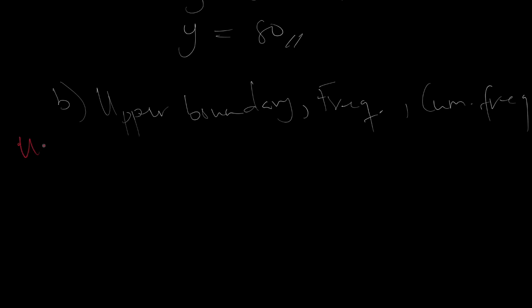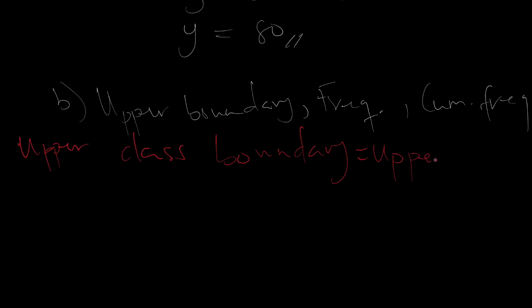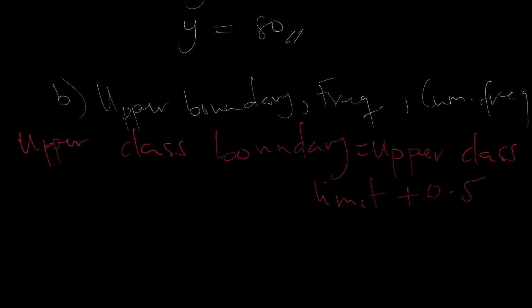So the upper class boundary, take note, is equal to upper class limit plus 0.5. So now let's create the cumulative frequency table. So we have our marks.